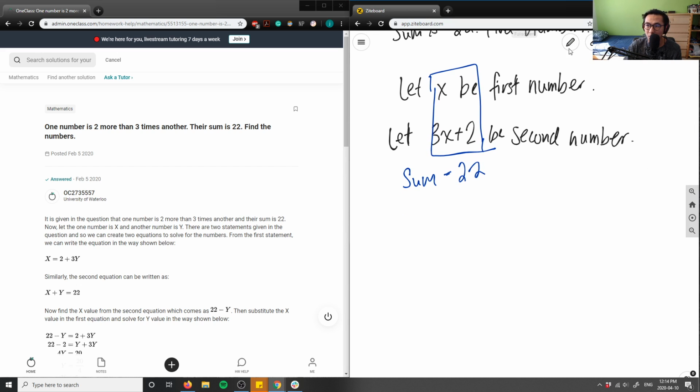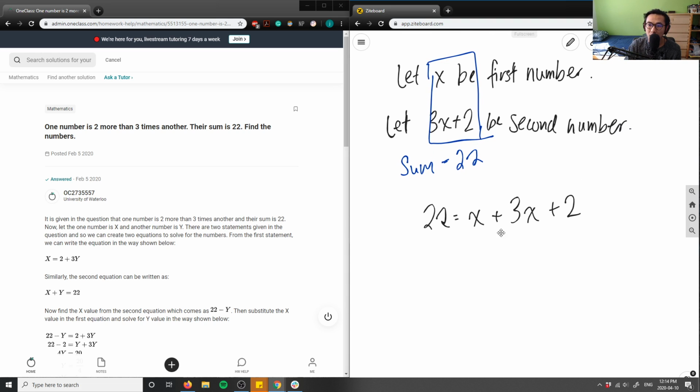So 22 equals x plus 3x plus 2. That's going to help us solve for x, which would be our first number, and afterwards we can solve for our second number.